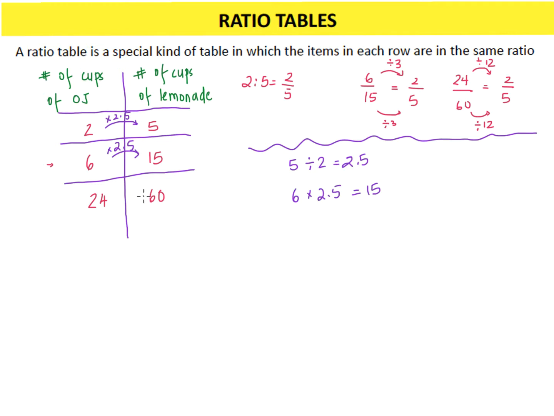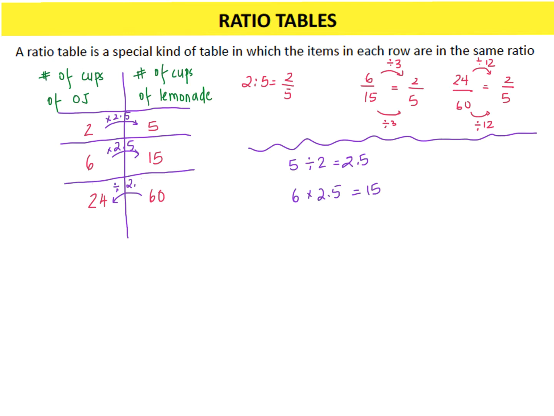Since I'm going in the opposite direction, instead of multiplying by 2.5, I should divide by 2.5. So the big idea here is that you can go from one column to another column by multiplying by the same number. In every row it works. And if you want to go backward, you divide by the same number.